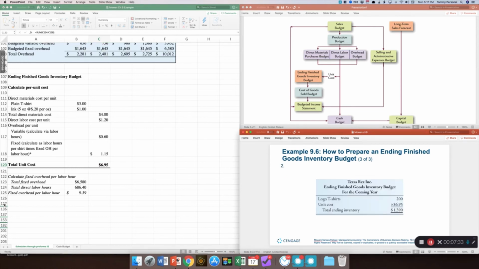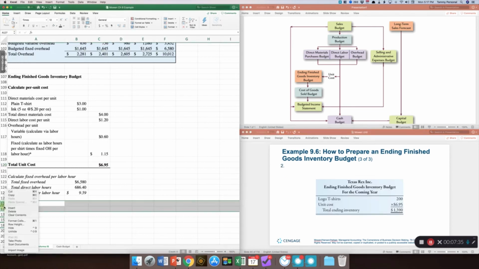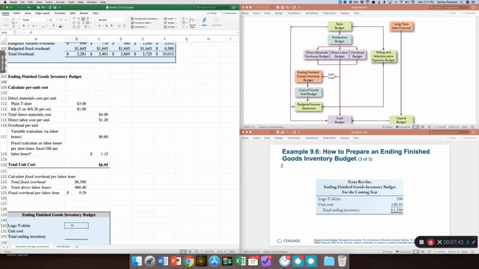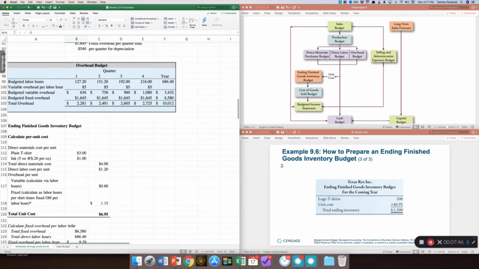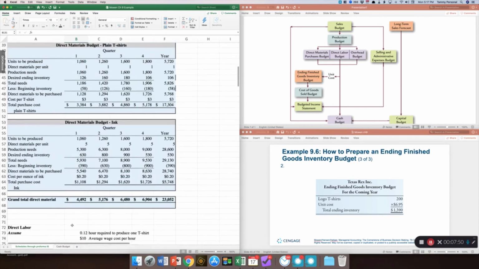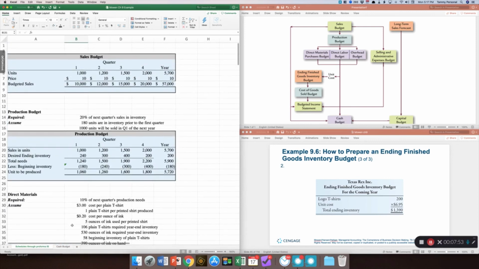Right, we know that I unhide this schedule here, right? We know that we want to end the year with how many in inventory? Well, we have to go up to our production schedule and find that number. Right, so we know that we're going to have 200 units in inventory.